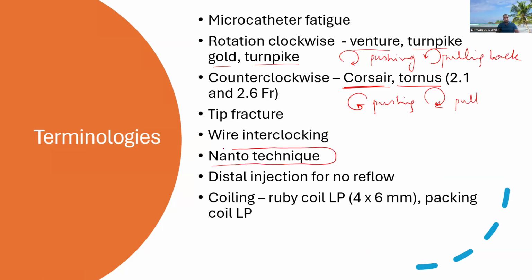Nanto technique is an interesting technique. Basically, it is a hydropressure technique where the microcatheter, you put a syringe and pull the microcatheter out after pushing the wire in as much as possible.